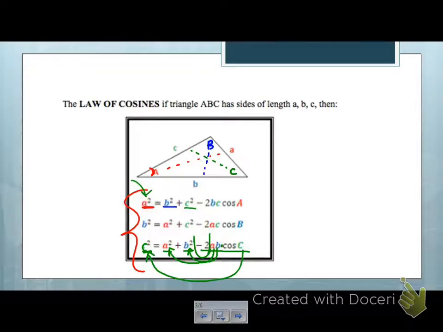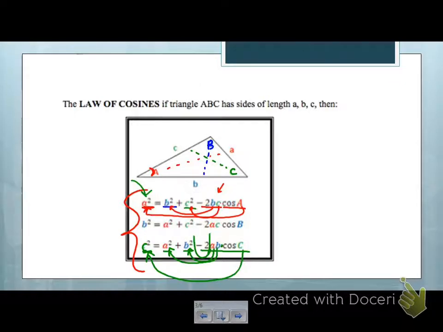That can be any side length: shortest, medium, or longest. Then we subtract 2 times bc. So it's always minus 2 times this side length and this side length. Notice there's no squared in the product. And then it's always times cosine of the angle that's opposite this side length.